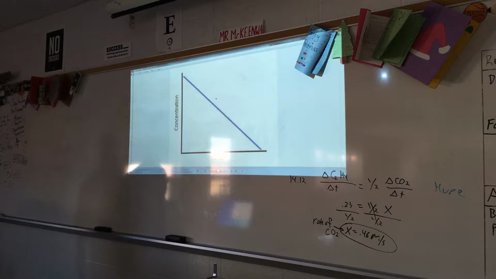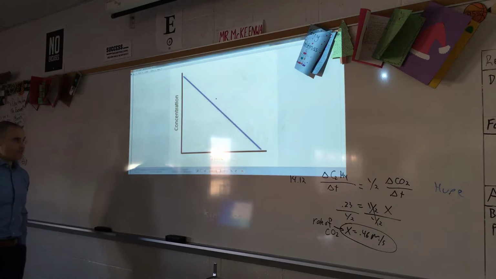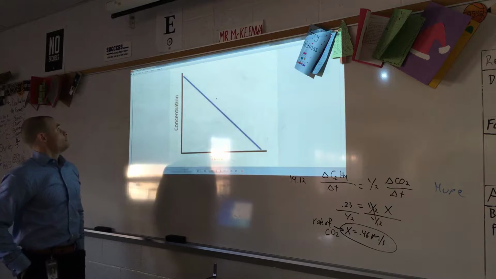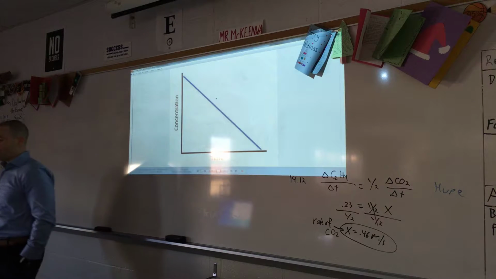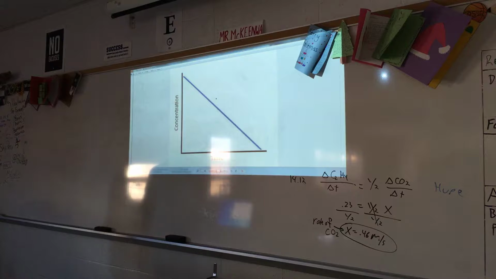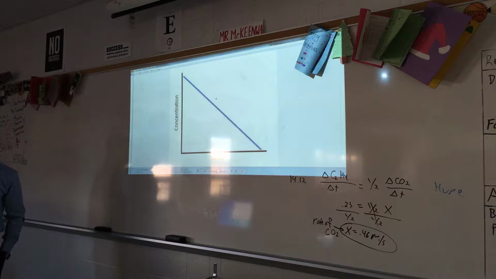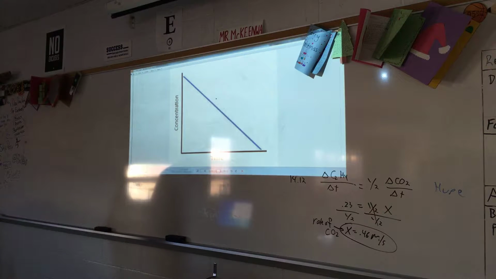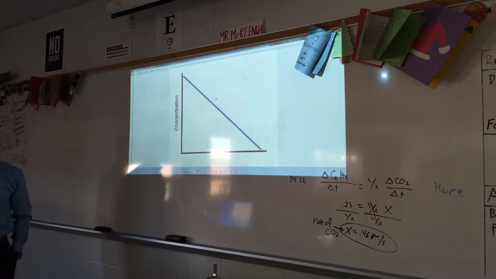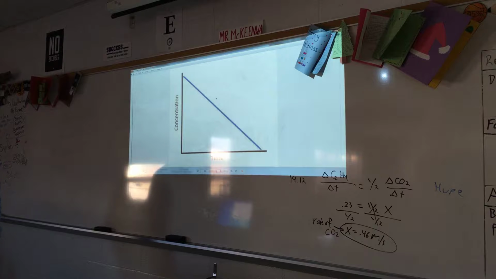I mean, it's pretty straightforward. So zero order graph, concentration versus time. What's the slope of that line? Tell us. Look at the rate law.